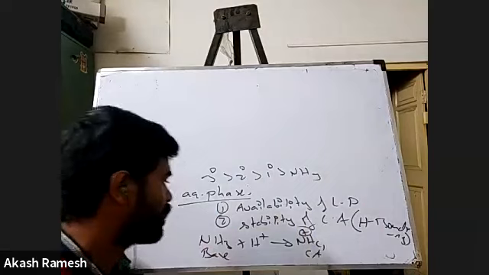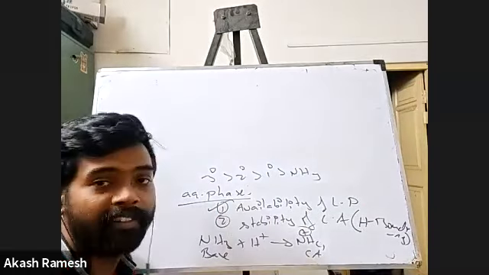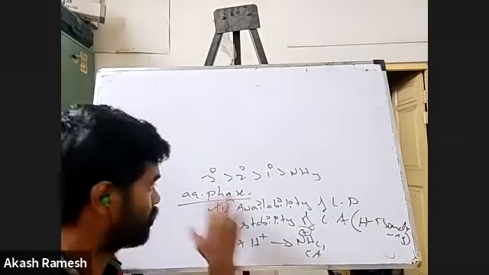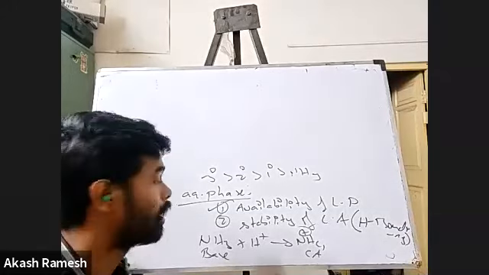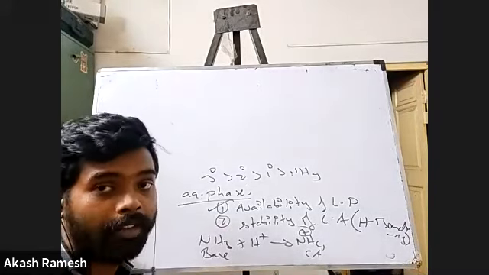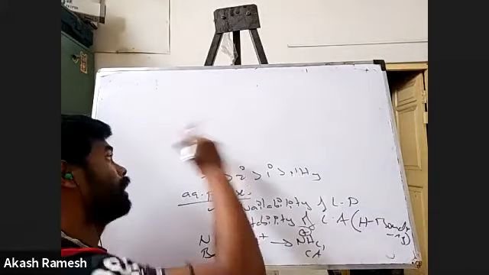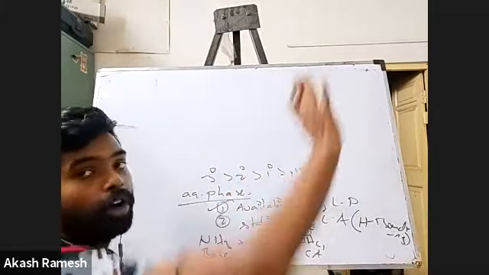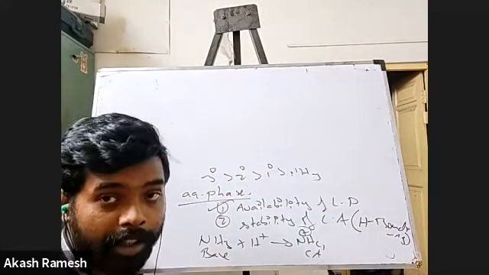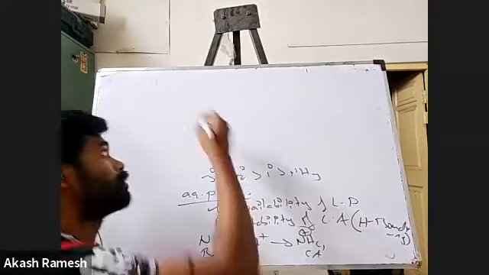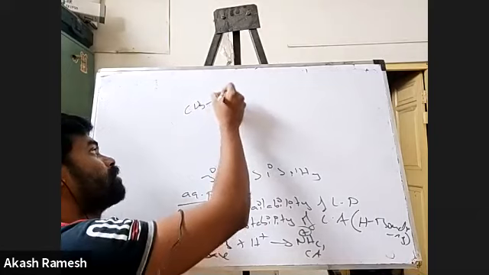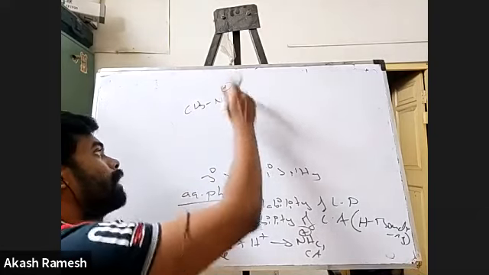Right now, this is already answered with respect to availability of lone pair. We know how the order is. This is the order, no doubt. Now let's see what happens when I have hydrogen bonding, when I go for stability of the conjugate acid. So let me write the conjugate acids of all the three primary, secondary, and tertiary amines. I can write it like this: CH3 NH3 plus.